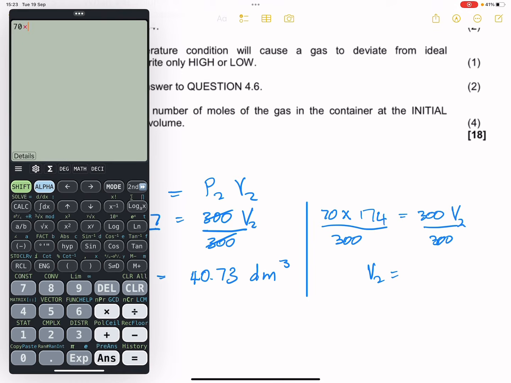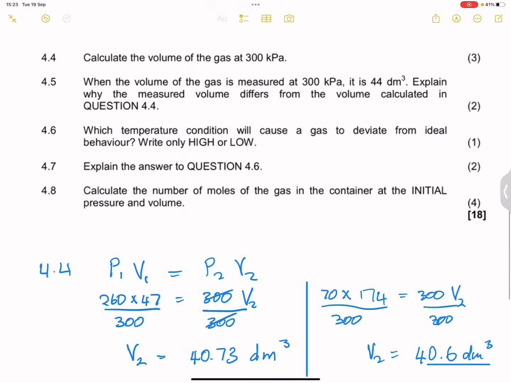So 70 times 174, divided by 300. And what do we get? We get 40.6 cubic decimeters. You see that the value is more or less the same, right? So in this case, it does tell us that we are on the right track.